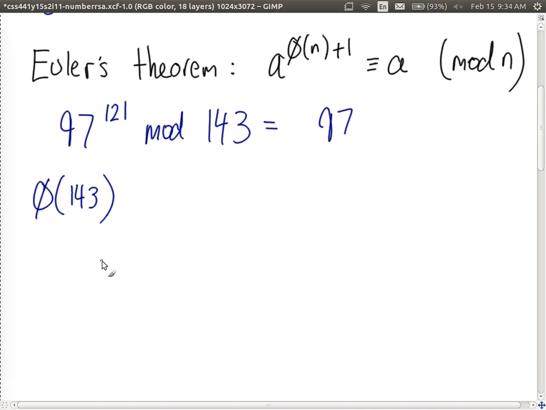You check, is 2 relatively prime with 143? Is 3 relatively prime with 143? If you go through up to 142, you'll spend a lot of time, well, 10, 15 minutes. But try a shortcut.